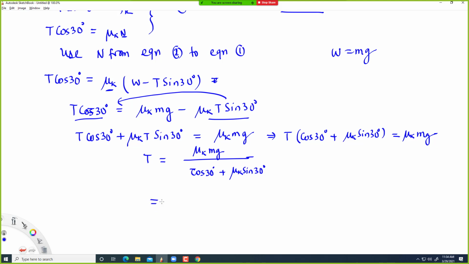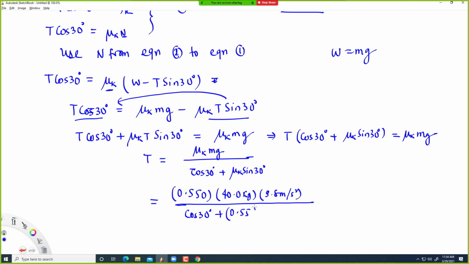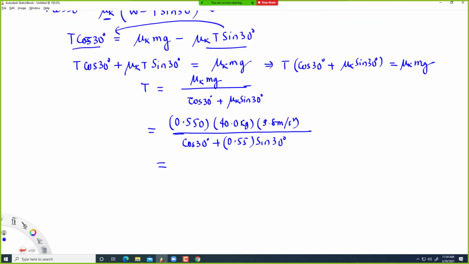Now plug in the numbers, all the values are given. Mu k is 0.55, mass 40 kilograms, g is 9.8 meters per second squared, over cosine 30 degrees plus mu k, 0.55, times sine 30 degrees, and that will give you the tension.